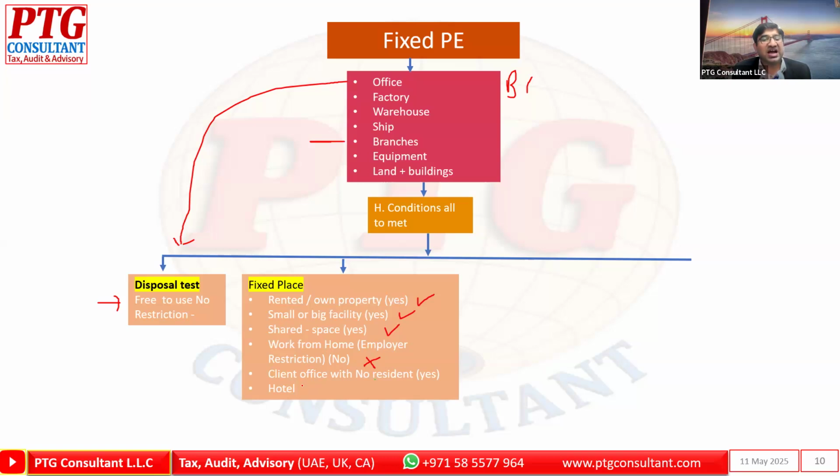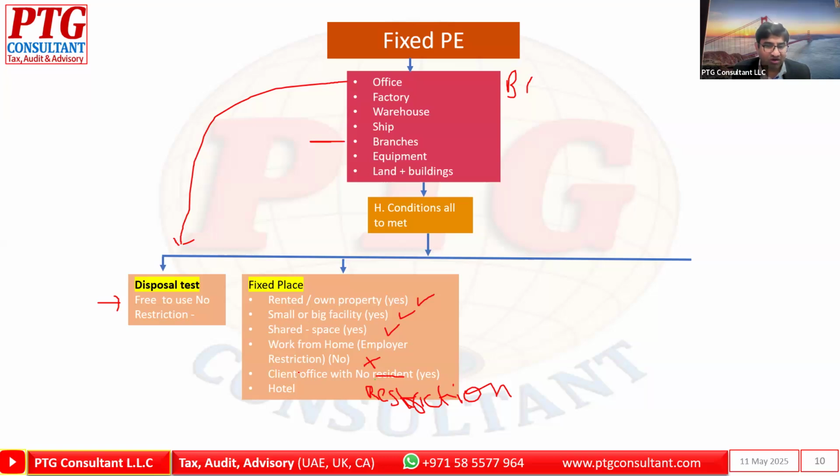The next, client office with no resident. This is not resident, no restriction. Even if they send an employee from the UK to the UAE and they are using the client office, if the client is saying no, we will close.